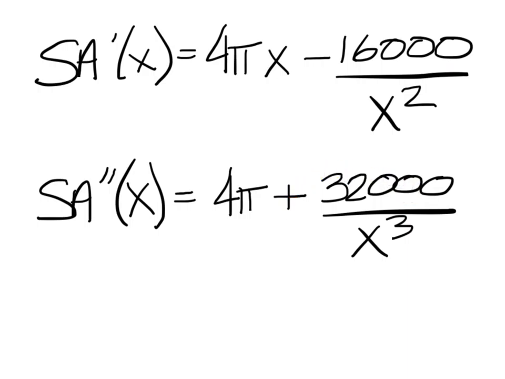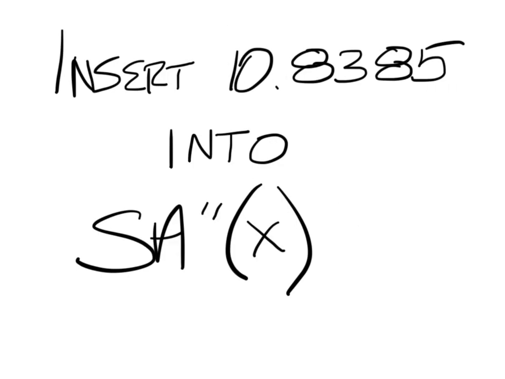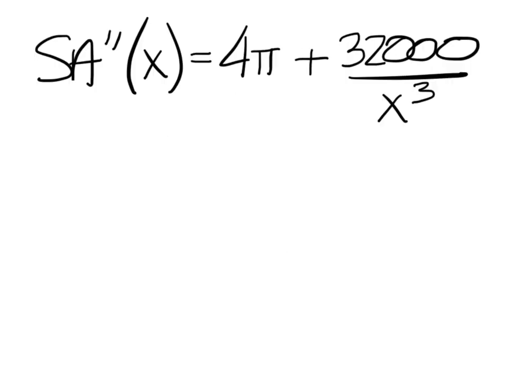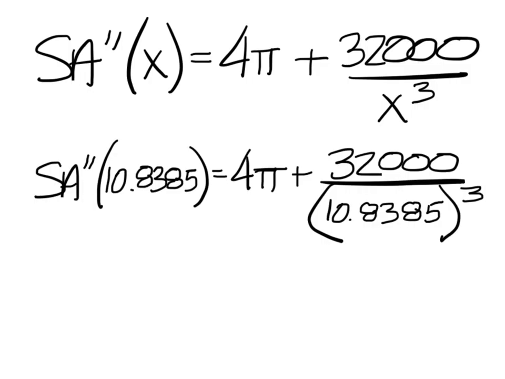Now we have the second derivative, 4 pi plus 32,000 over x cubed, and insert 10.8385 into the second derivative. So there's the second derivative, and we're going to insert that into the function, 10.8385 that is.